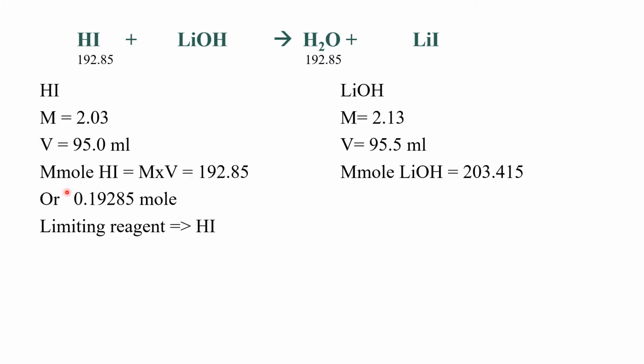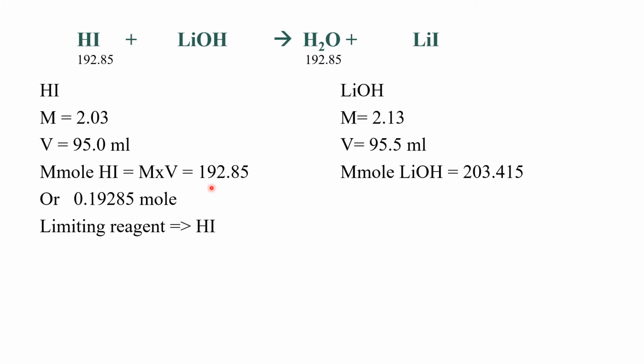So, if we want to get the millimole of this reactant, we can compute molarity and volume in ml. Likewise, so if we do that, we obtain 192.85 millimoles of HI, and sa lithium hydroxide naman, 203.415.